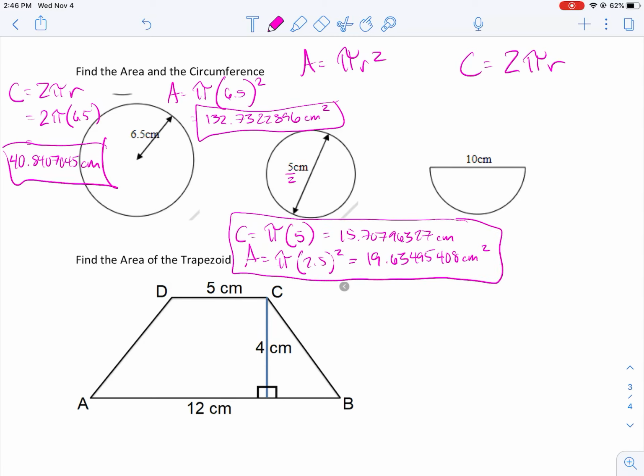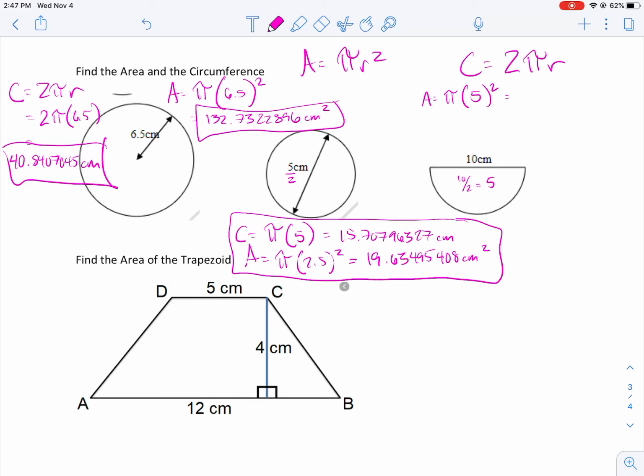And finally, the last one. This one looks a little weird, right? We're missing something, the whole other half of our circle. So any answer we find for area and circumference, we're going to have to divide by 2. Our area is pi times our radius squared, and our radius is 10 divided by 2, which is 5. 5 squared is 25.